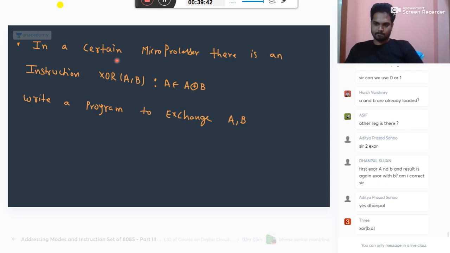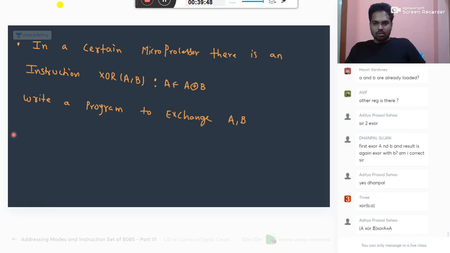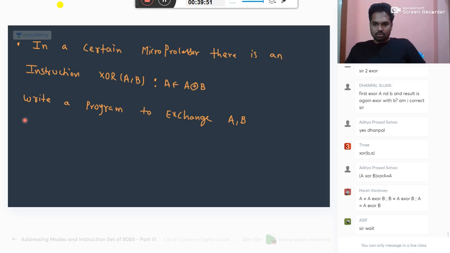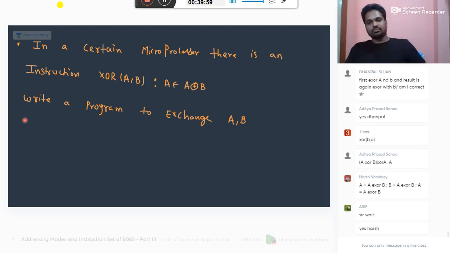Then you do XOR of B comma A. Now your B equals B XOR A. But what is A now? A XOR B.